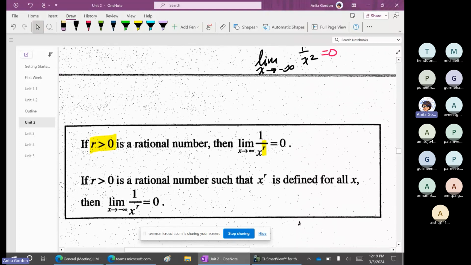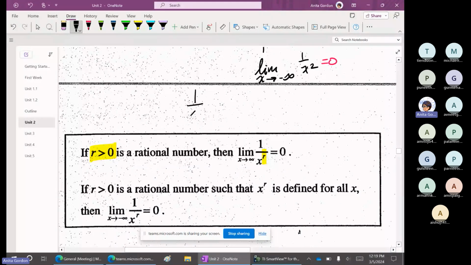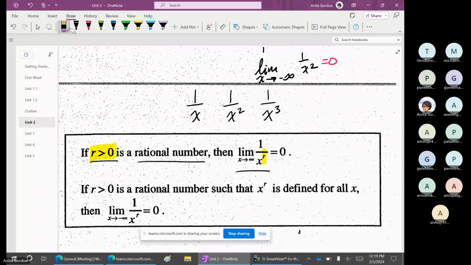Meaning for any of 1 over x, 1 over x squared, 1 over x cubed, if r is greater than 0 and a rational number, then the limit as x goes to infinity will approach 0.